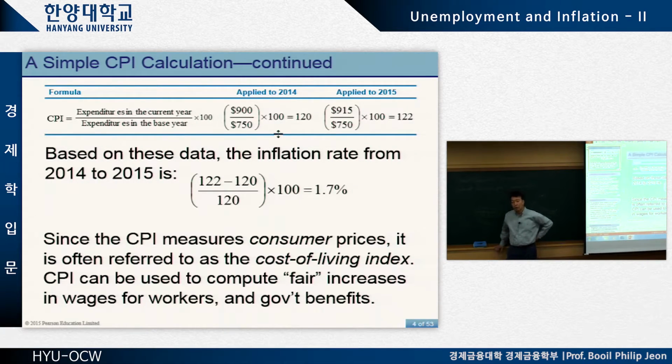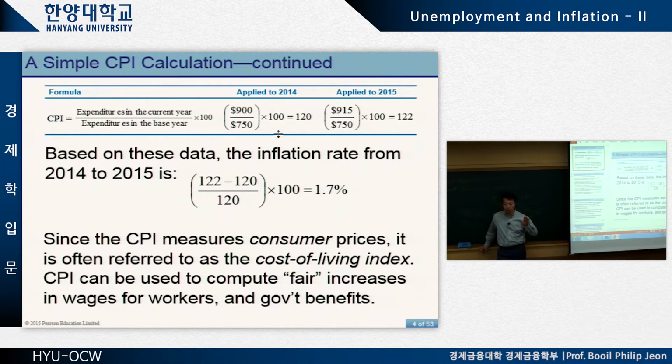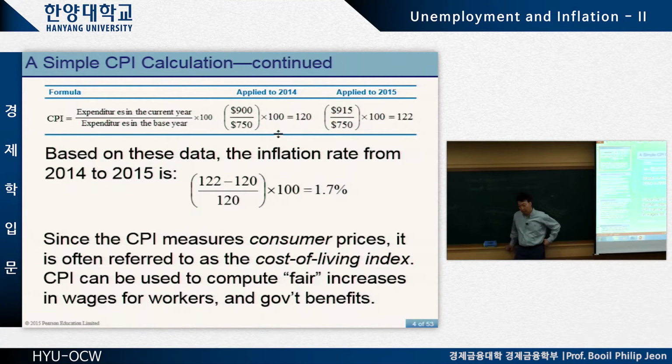Whatever you could purchase at $100 in the base year, this year it's going to cost you $120 for the same basket of goods. Understand? Knowing that we are using the same quantity for the same item, the only change was price level. That means there was a 20% increase in the overall price level.